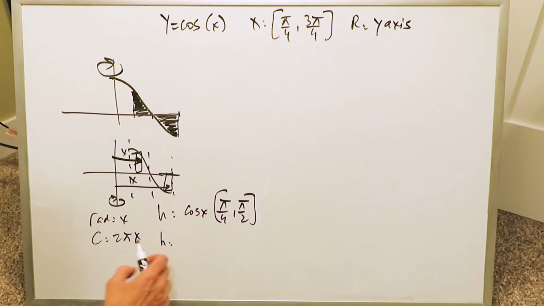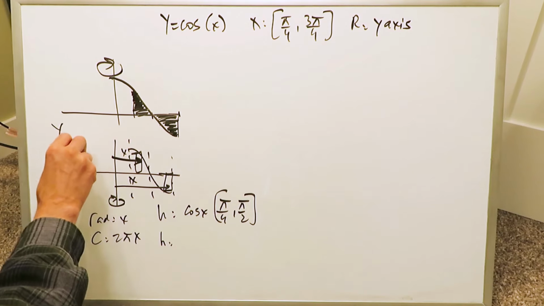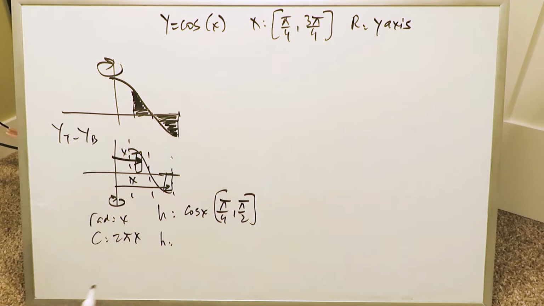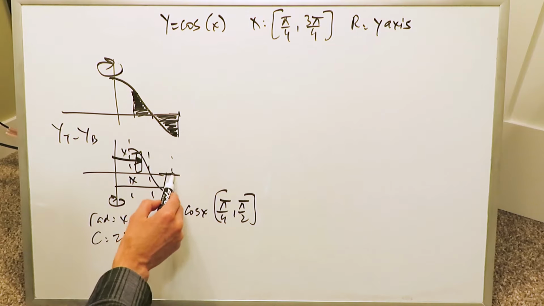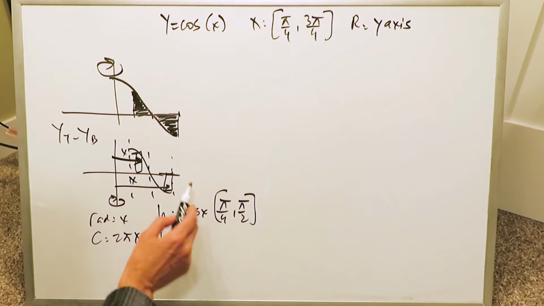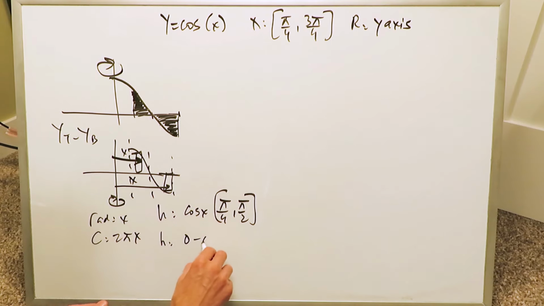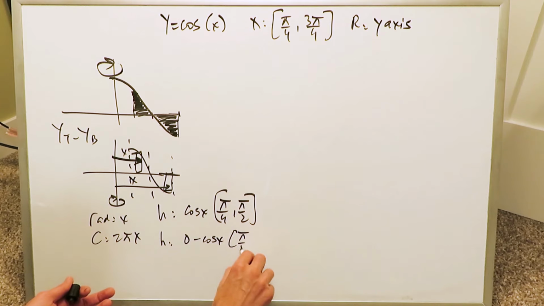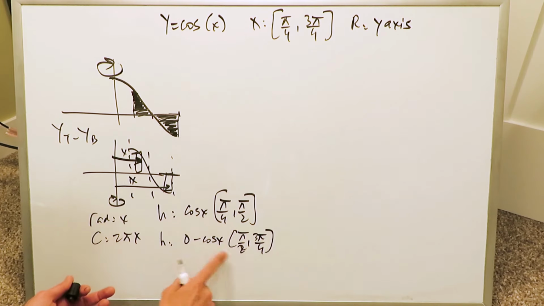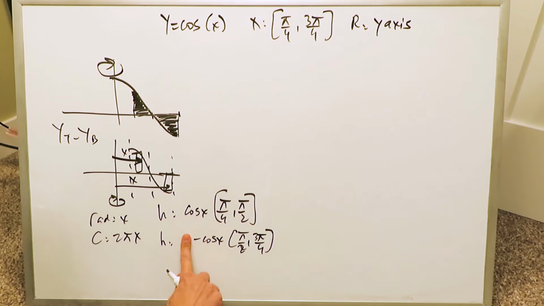Remember, the height is y top minus y bottom, top boundary curve minus lower boundary curve. But then from pi over 2 to 3 pi over 4, your top boundary curve is your x-axis, which is 0, and your lower boundary curve is cosine x. And you can see this 0 minus cosine x is just minus cosine x.